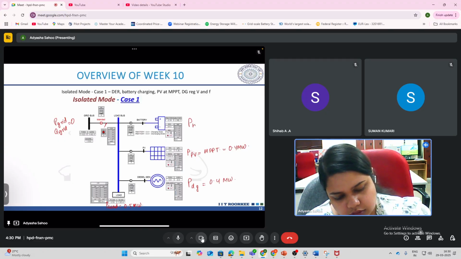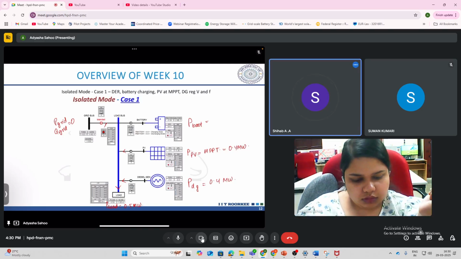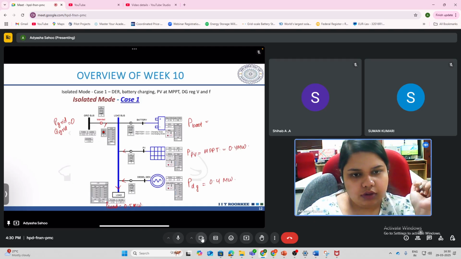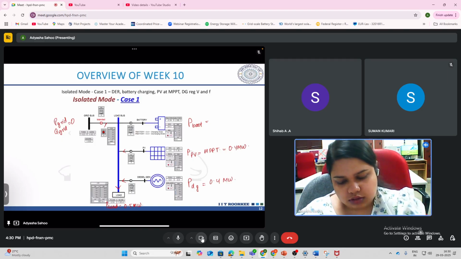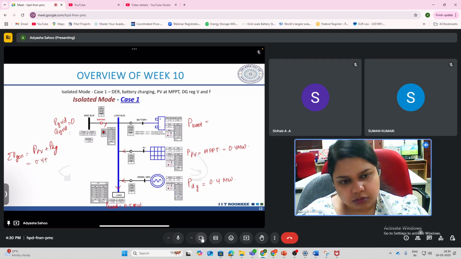So the battery will be... Your total generation from PV and DG is 0.4 plus 0.4, 0.8 megawatt.